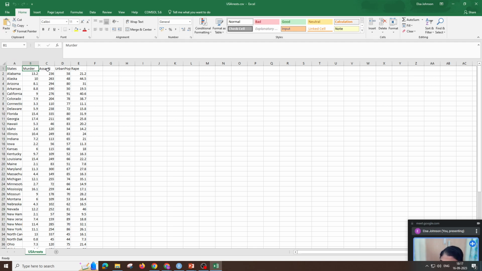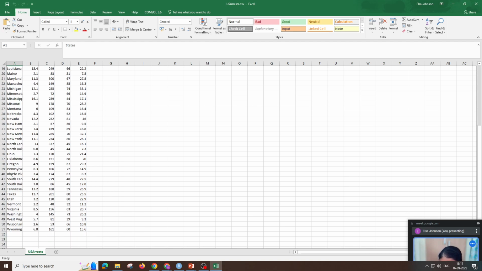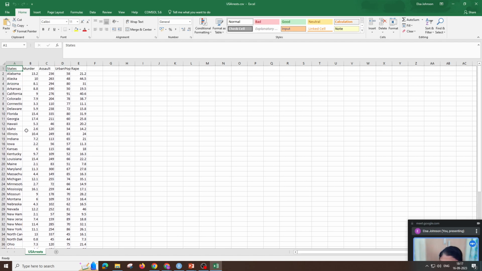Murder is the number of murders, so these are all numbers, continuous values. The state column is categorical, but the cardinality will be high, meaning the number of categories equals the number of states. So you can't say a category repeats so many times; there is only one occurrence per state. So this is the data.